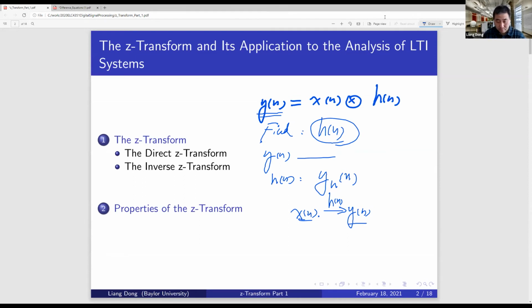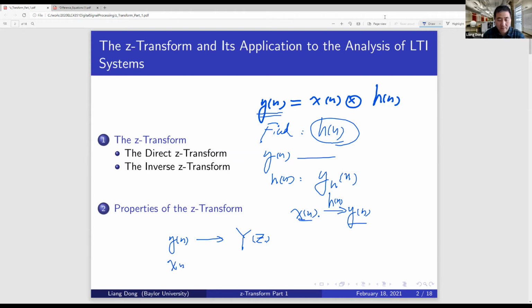So in the transformation domain, we really like to see, and we will see next time, that this y[n] can transform into also a function. It's a function Y, but of another variable. We call that z.